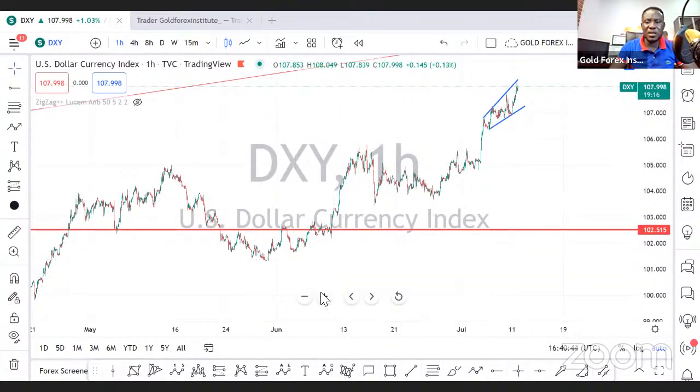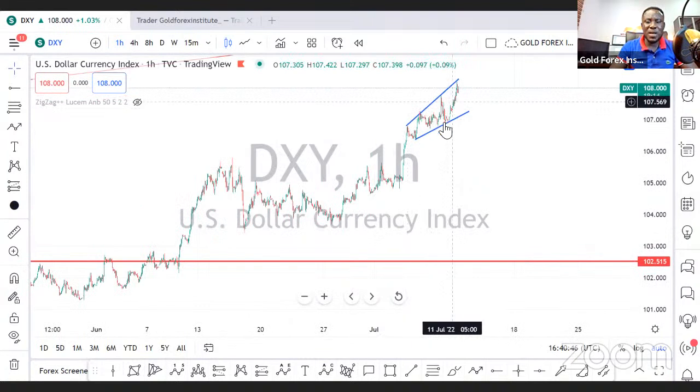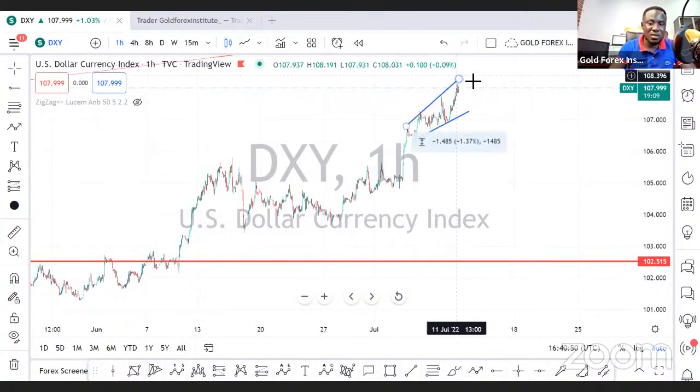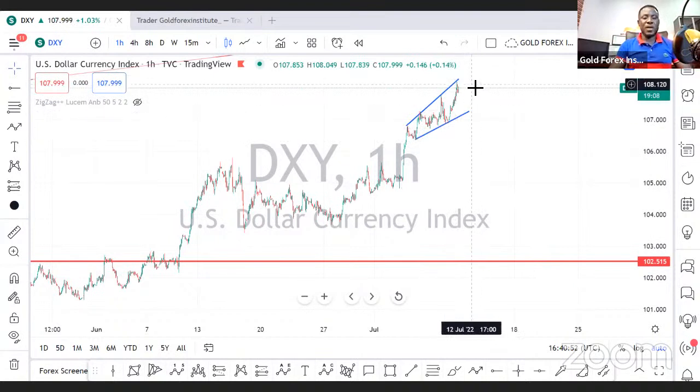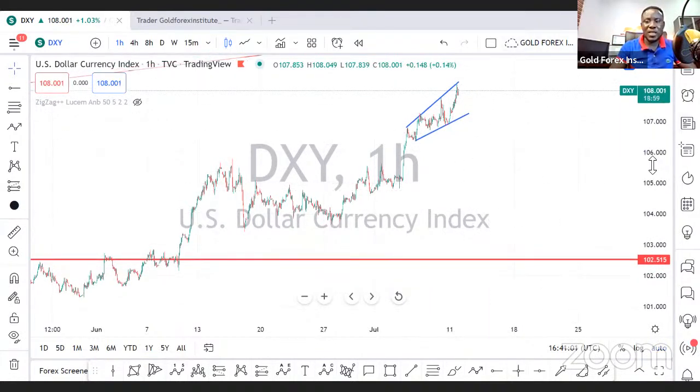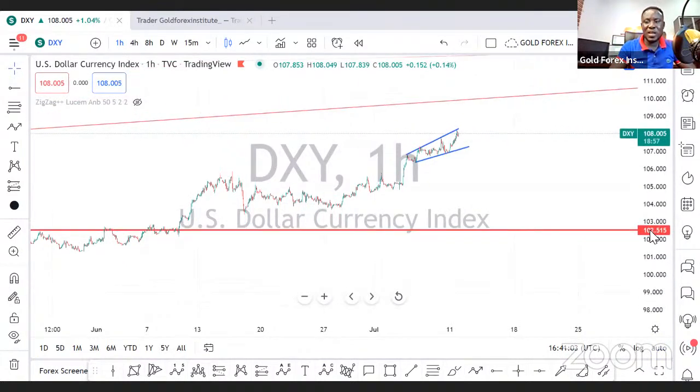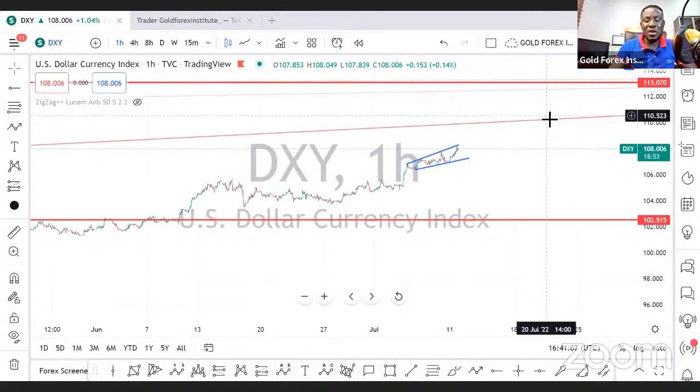This pattern for me is more like a rising wedge or an ending diagonal. So I'm expecting a bearish move from the dollar for some time before it continues going up to reach its intended price around the 161.8 Fibonacci extension level.